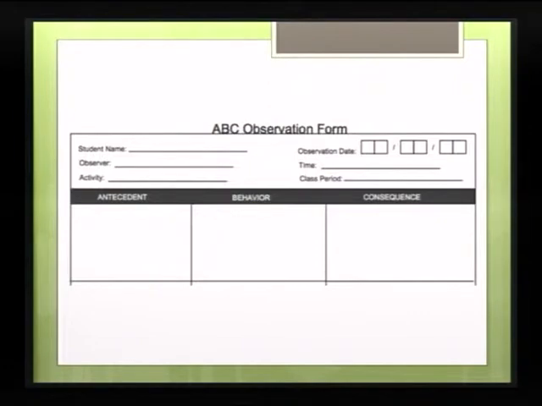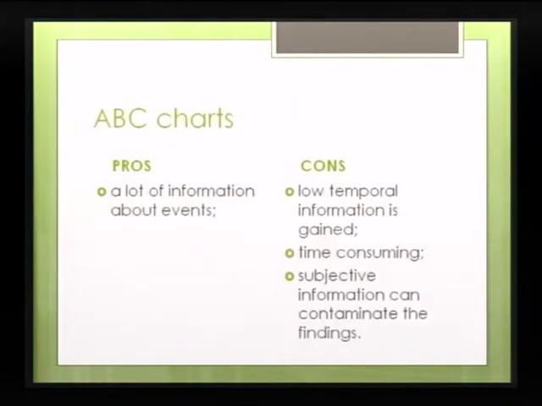As you can see, this is very simple, and obviously this can be used at school by teachers or at home by parents. And you can gather a lot of information about events. So you can connect a behavior with antecedents and consequences.